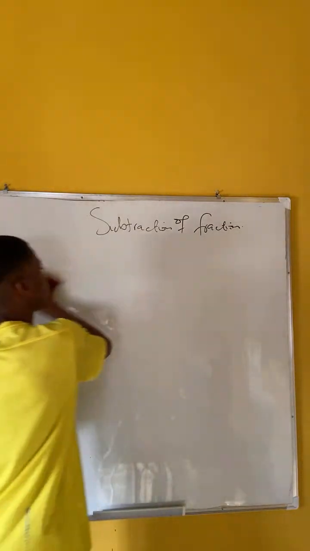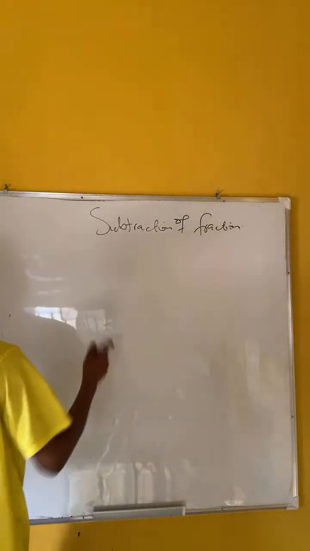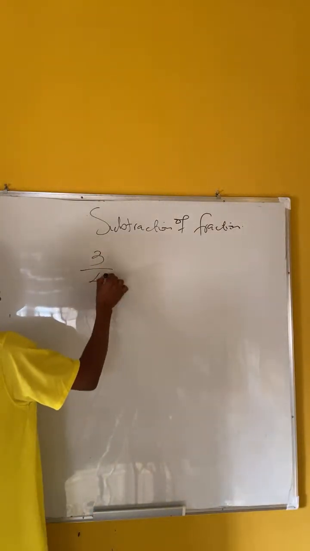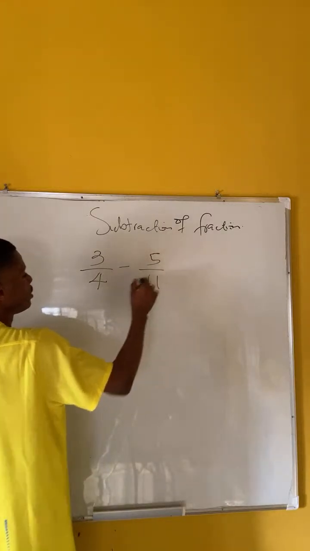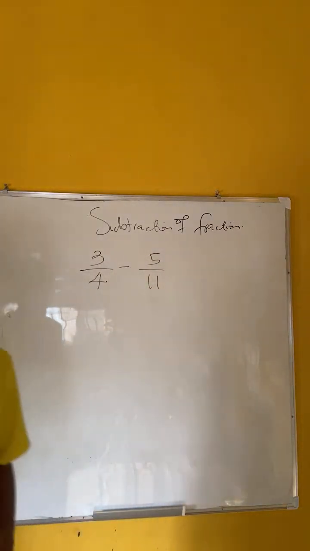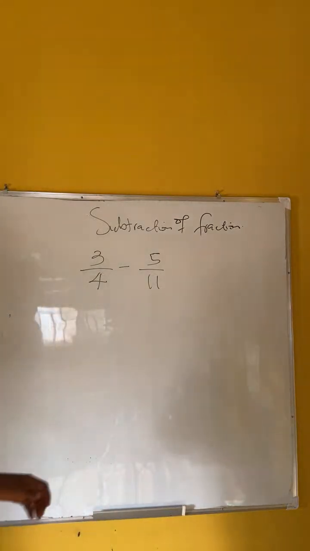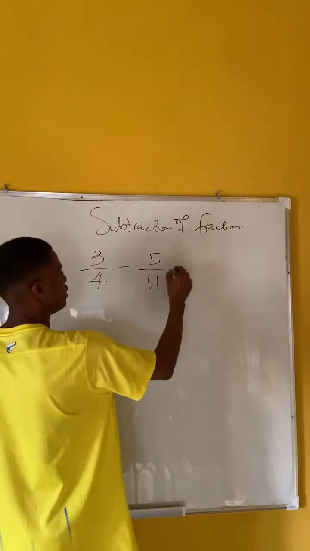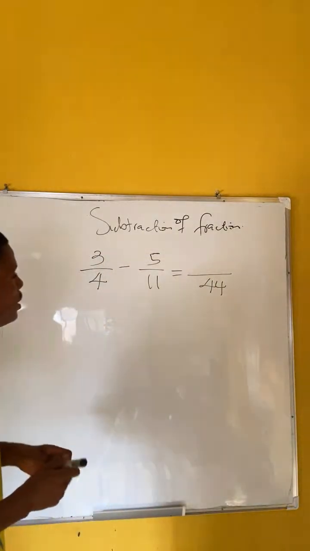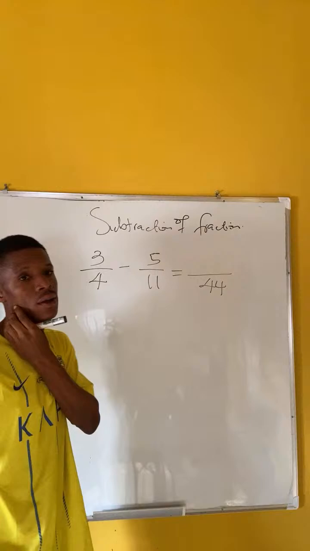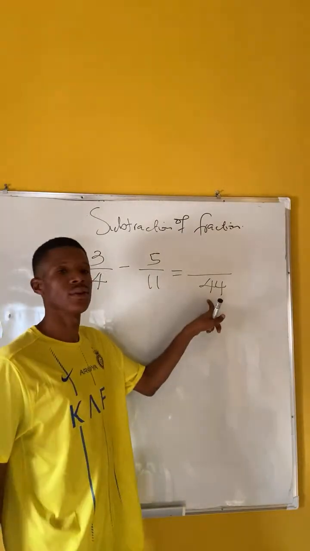Okay. Let's look at the next one. We have 3 over 4 minus 5 over 11. Wow, two big numbers. So what are we going to do? First, multiply the two denominators. You get 44, because 4 times 11 is 44.